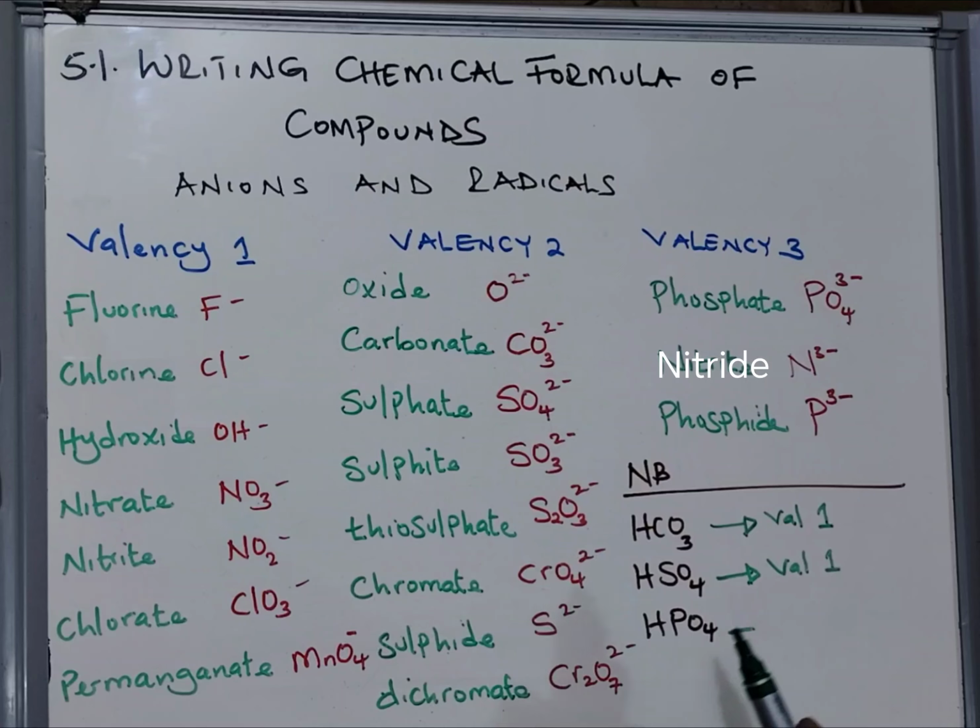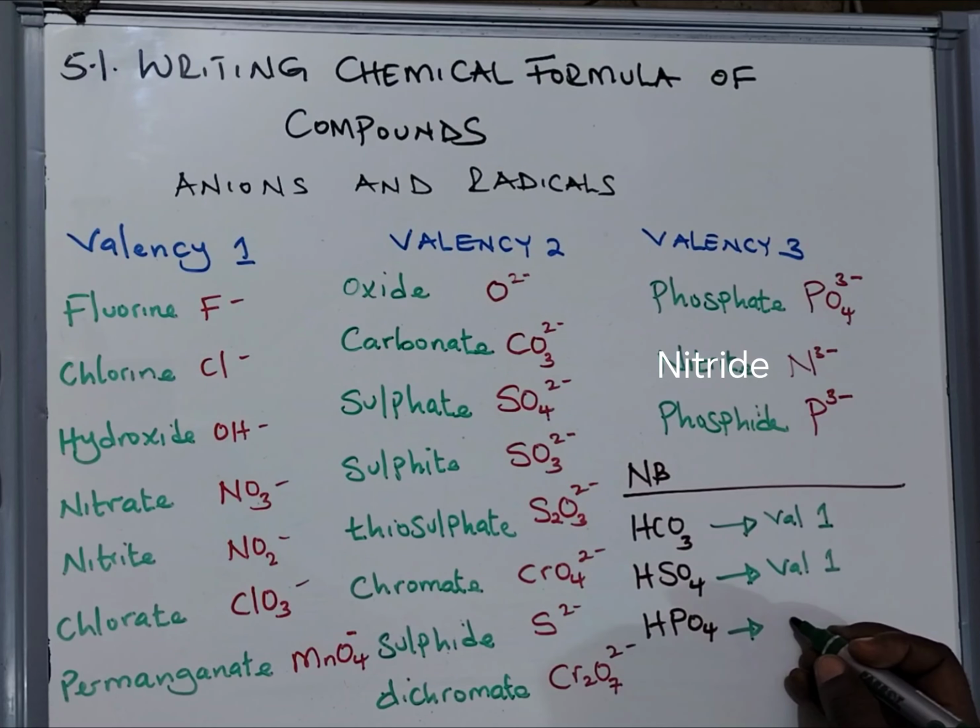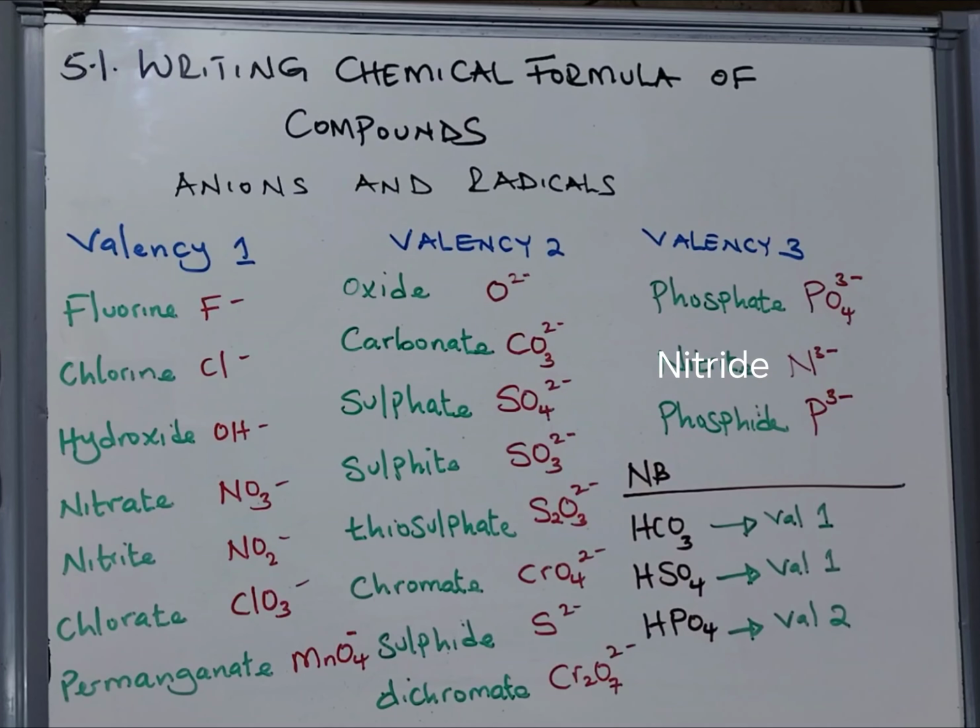Phosphate is valence 3, like we know. But when you're talking about hydrogen phosphate, it's going to be 3 minus 1, which gives you valence 2. That must be known.